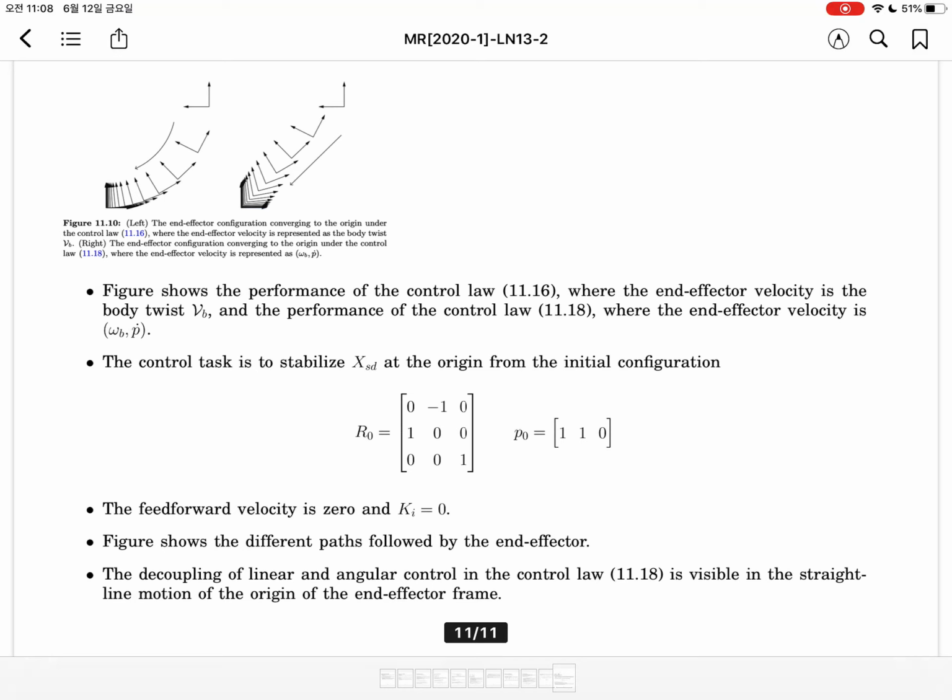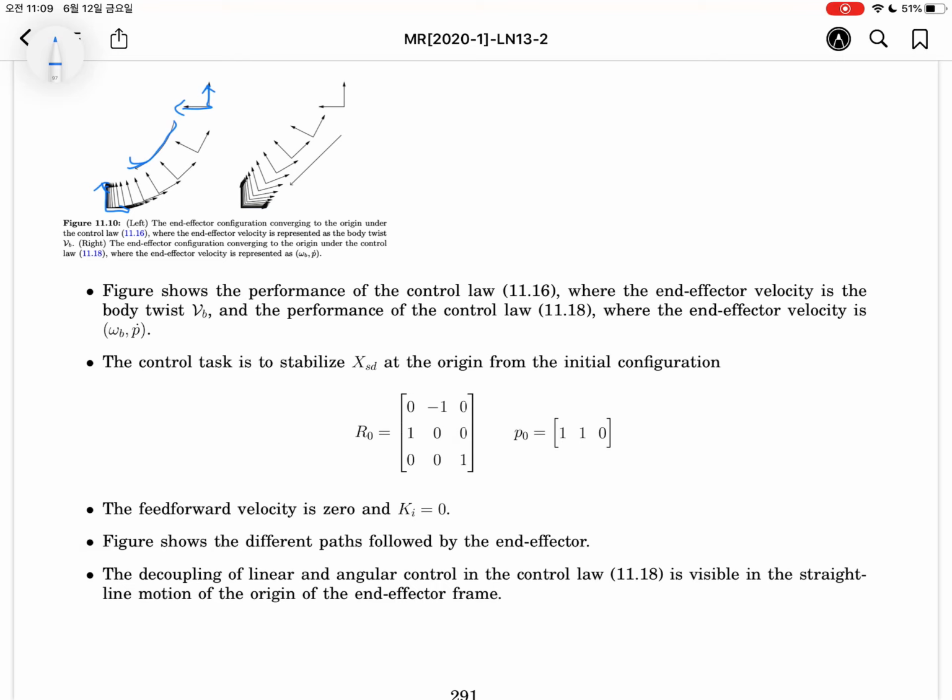Okay, the left figure is the result of the body twist control. This is the initial configuration of the end effector. This is a target. So according to time progress, it will approach the desired posture.